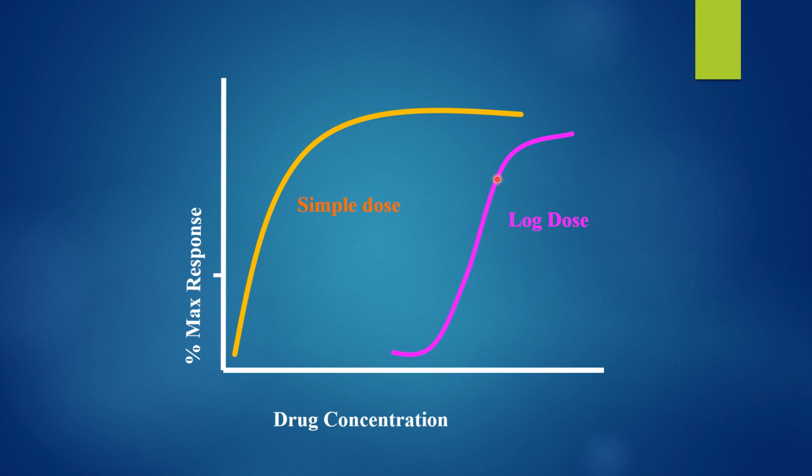This is a very important region, and this important part of the dose response curve will be discussed later separately as an important class. So, we will get a linear line here. This is very helpful for comparing different drugs or different doses. So, this is the main difference between the simple dose response curve and the log dose response curve.